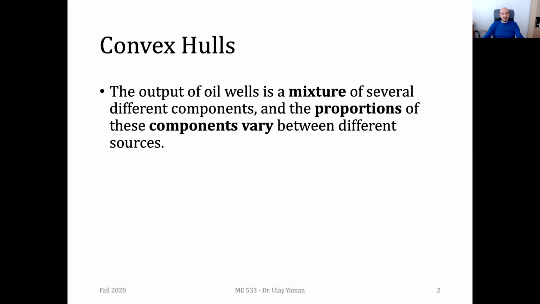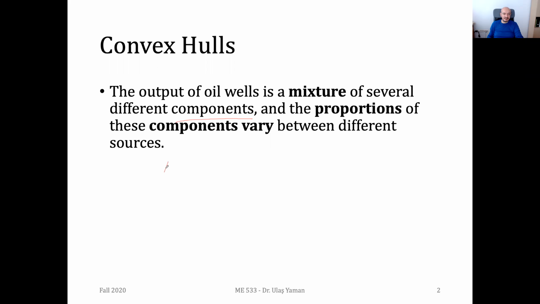So let's start with an example, and we have an analogy with oil wells. It's a well where you try to get some oil. And as you know, oil has several components.